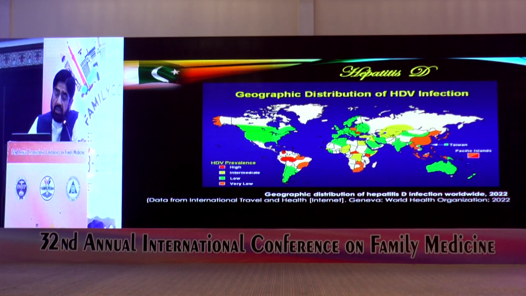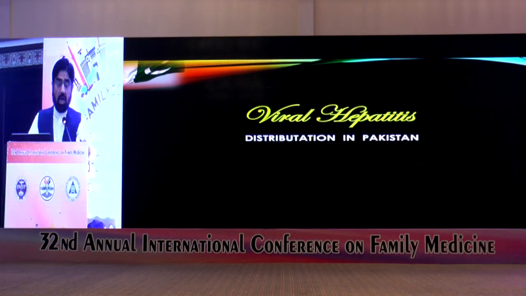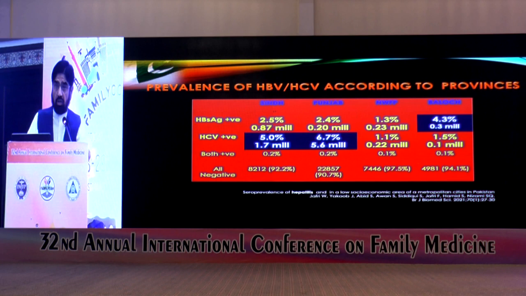Then for D, it is at a high level. When we are talking of E, we are again at the climax level. And in Pakistan, the maximum we are finding is hepatitis B, astonishingly more in Balochistan than in any other province.